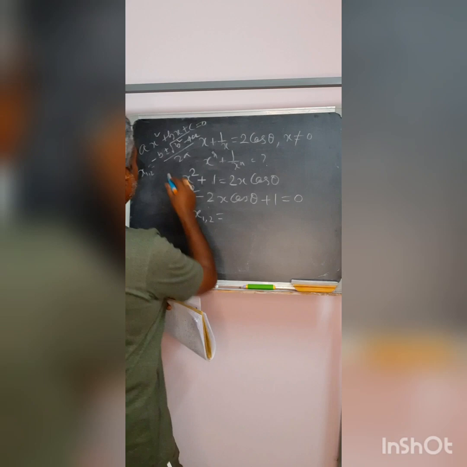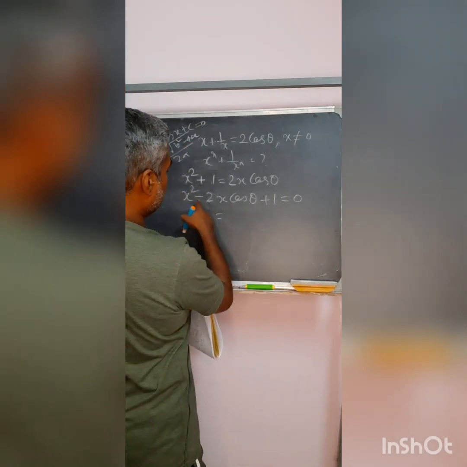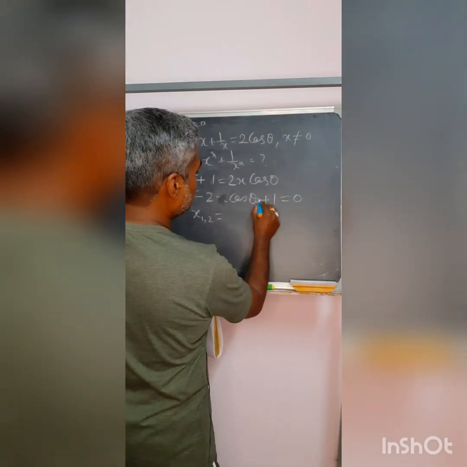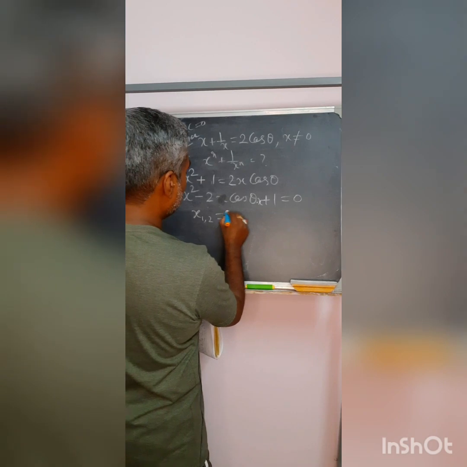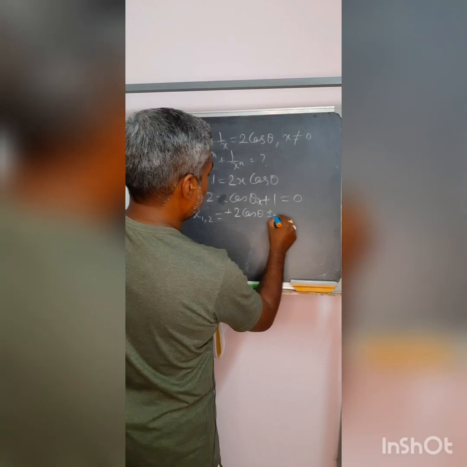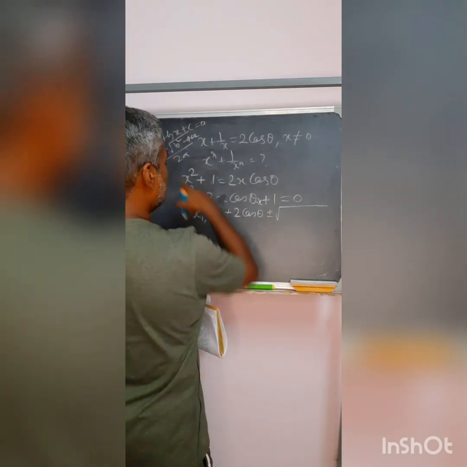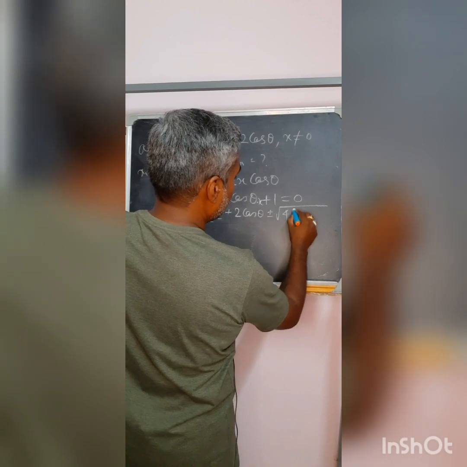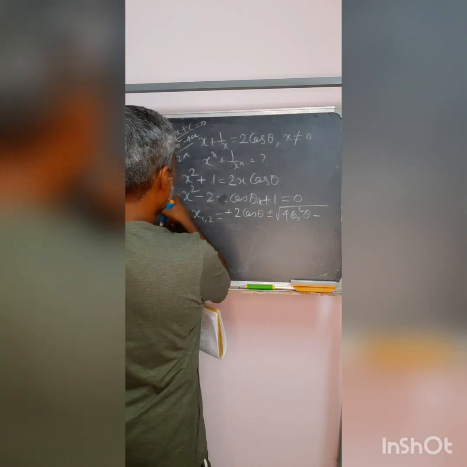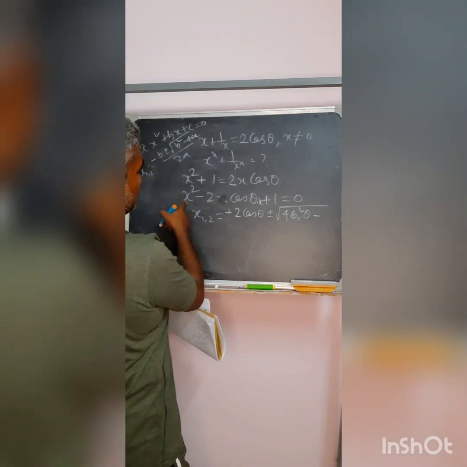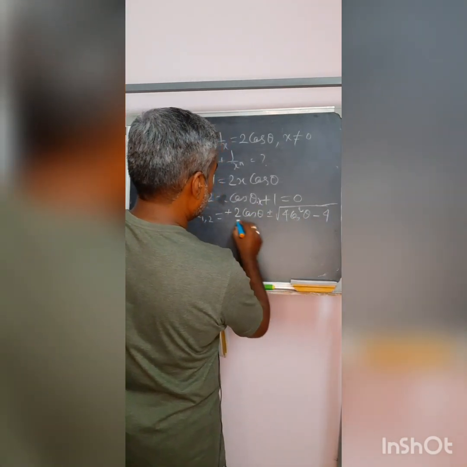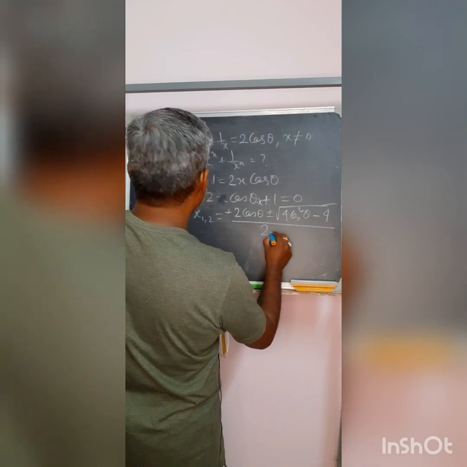Similarly, if I put in the values, the coefficient of x is minus 2 cos theta, so minus b becomes 2 cos theta, plus minus under root of b squared, which is 4 cos squared theta, minus 4ac. Here a and c are both 1, all upon 2 into a, which is 2.